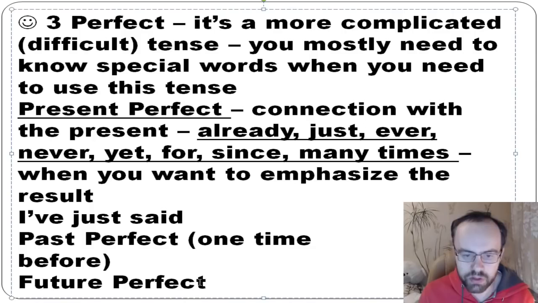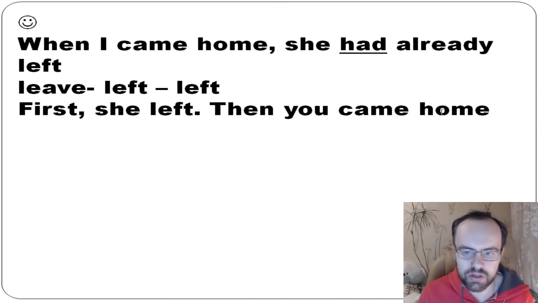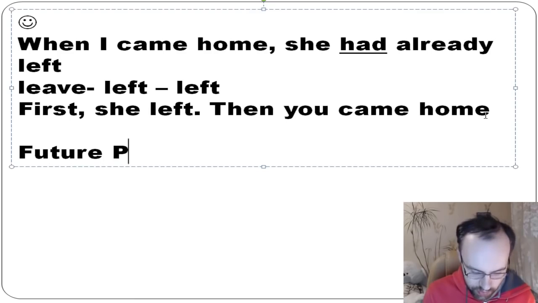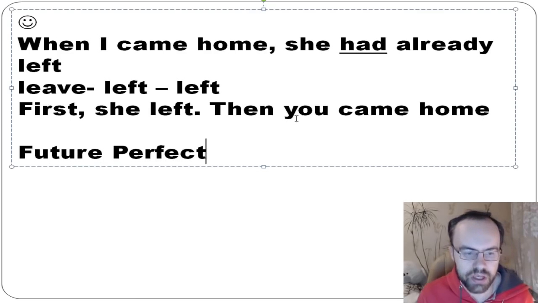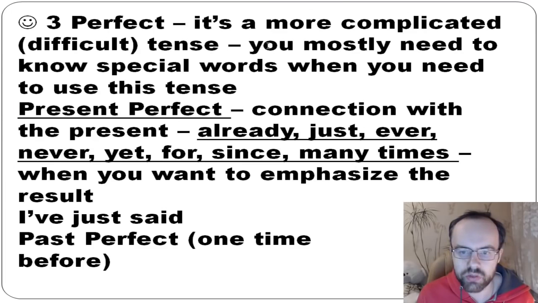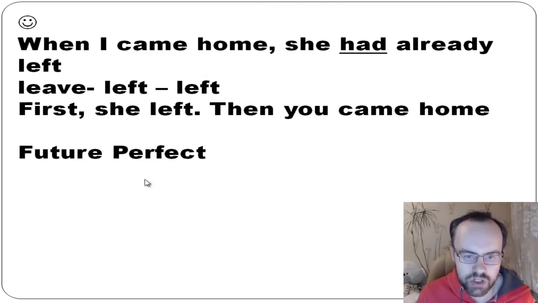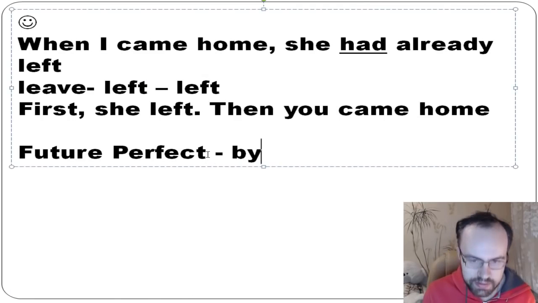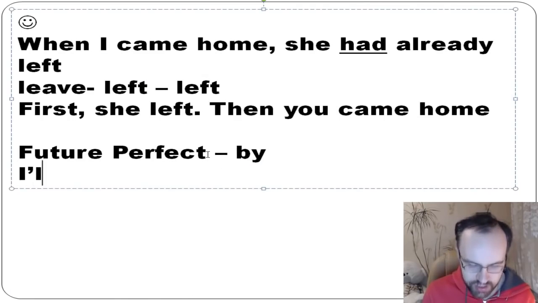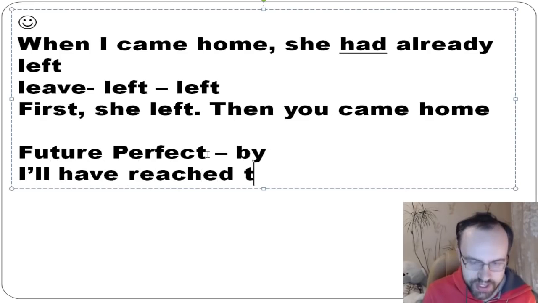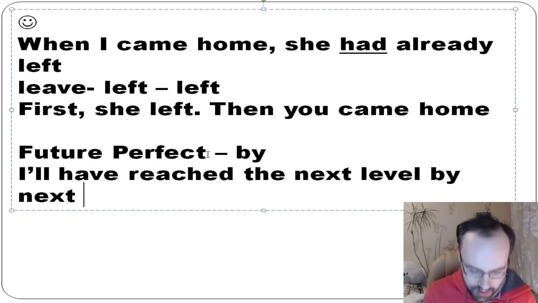And if we look at future perfect, it's future perfect. Also, if we look at this tense, we also use it with special words, and you just need to pay attention to the following word, by. For example, I will have reached the next level by next month.